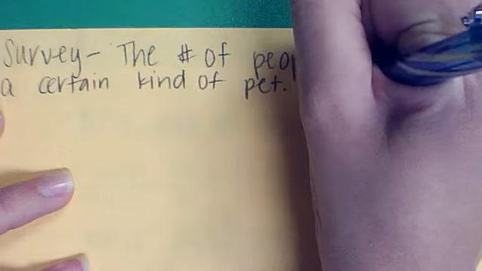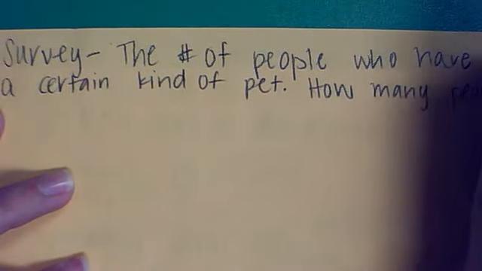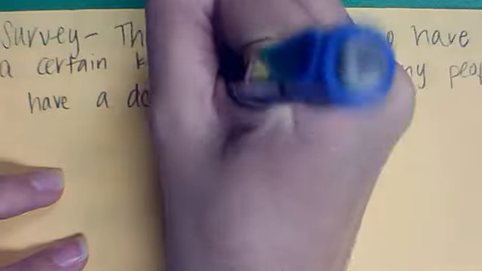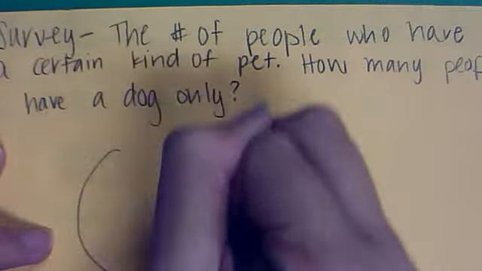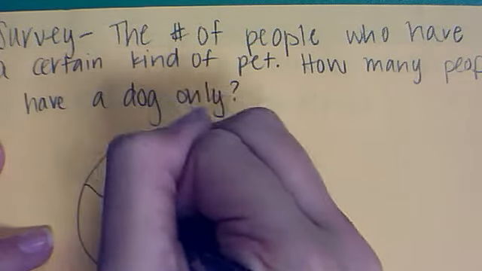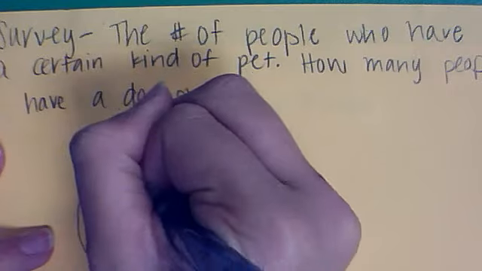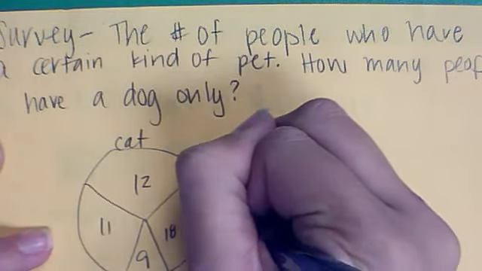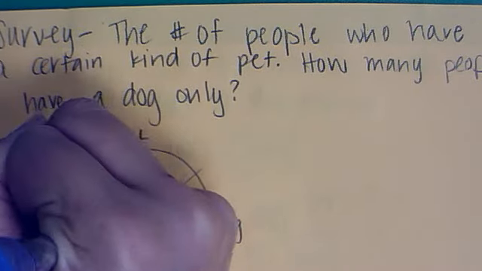We want to know how many people have a dog only. How many people have a dog only? So we're going to look at our circle graph that we have. 12 people have a cat, 18 people have a dog, 9 people have both, and 11 people have neither.